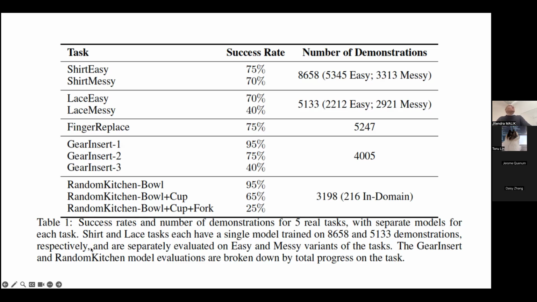Their claim is that this is what you get with about 8,000: you get a success rate of 70% with 8,658 demonstrations. What happens if you have 15,000? What happens if you have 30,000? What happens when you have 100,000? So we have to ask the question about what the scaling laws are, right?